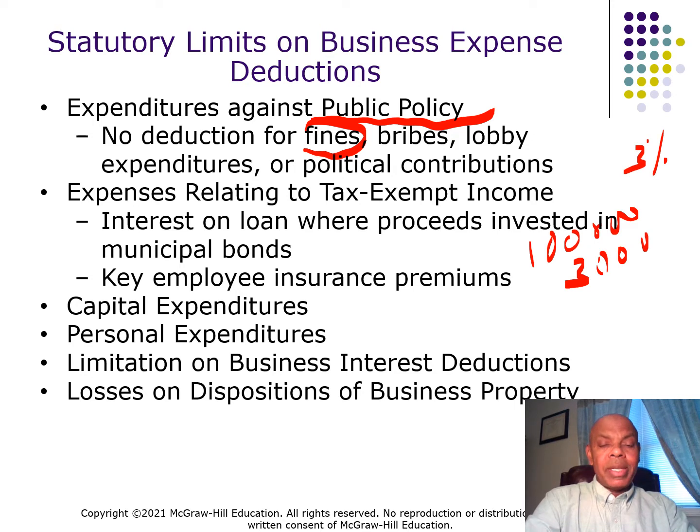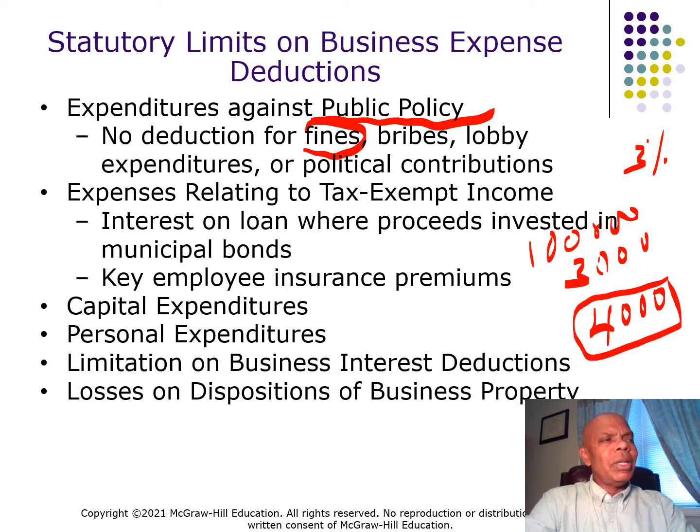And you invest that money to gain, say, 4% or 5%. If you're investing in a municipal bond, you get $4,000. I think we learned that's not a taxable item. You're not paying tax on this $4,000. Interest on municipal bonds is tax exempt.